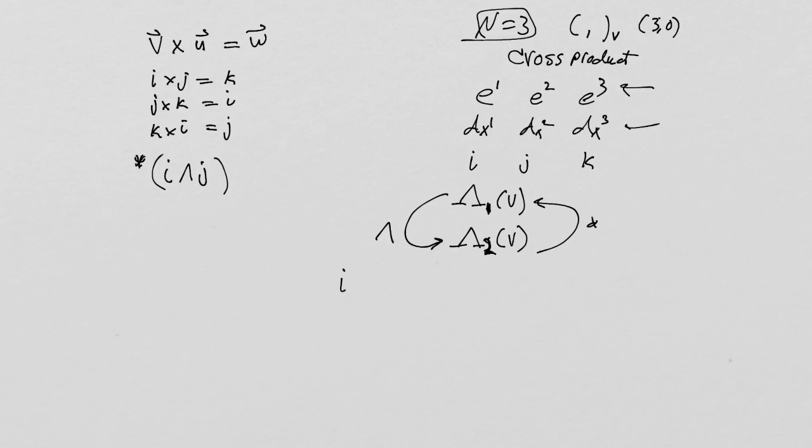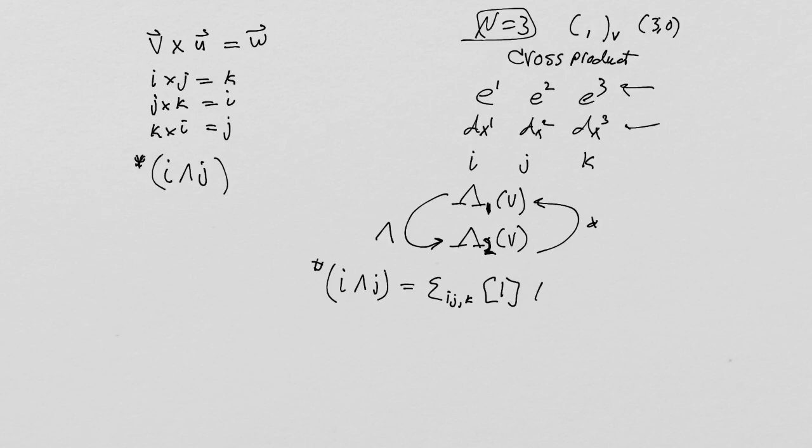Well, okay, i wedge j, the Hodge dual is going to be epsilon i j k. Again, we're dealing with pseudo-Riemannian, or Riemannian, regular Euclidean. I should say Euclidean, although they're kind of the same. Pseudo-Riemannian and Riemannian are different, but Riemannian and Euclidean would essentially be the same here.